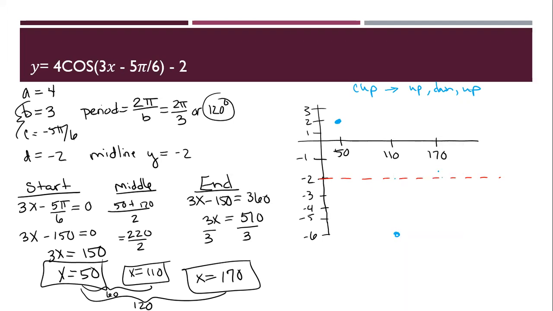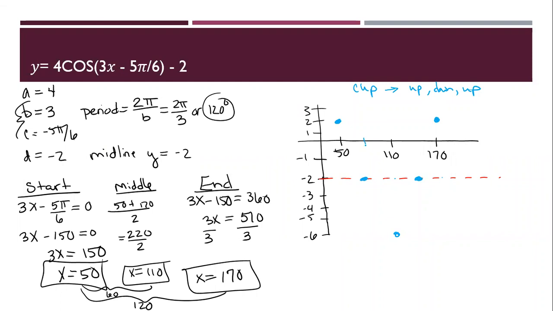And then at 170, I'm back up again. So there's my up, down, up. Halfway in between, I'm on the graph axis or the midline on both sections.